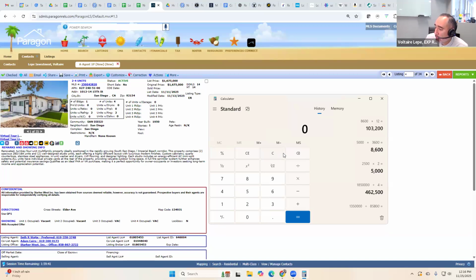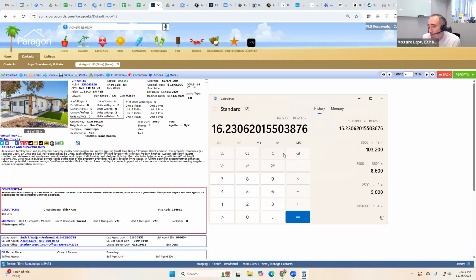So the first thing I'm looking at is the GRM, gross rent multiplier, and that's going to come out to be 16.2. So 16.2 in this area, it's overpriced. I would say it's closer to 14, right? So that's the first thing to look at.